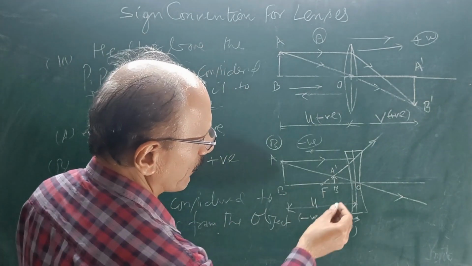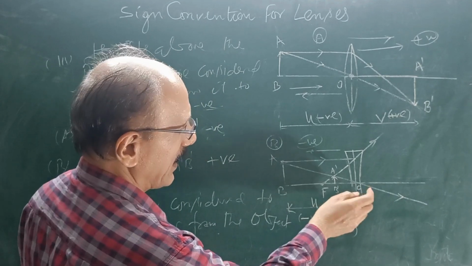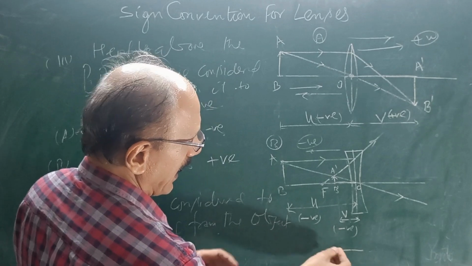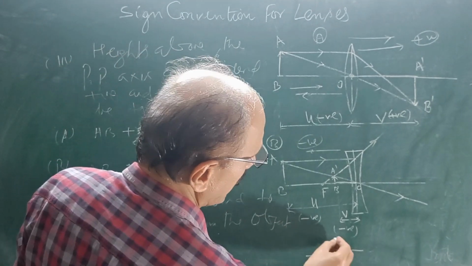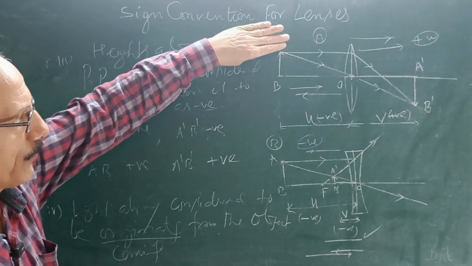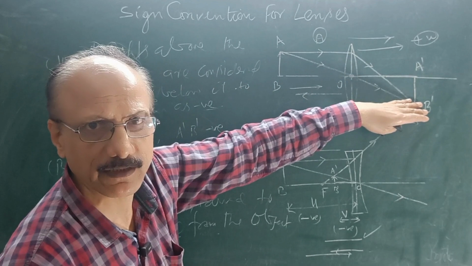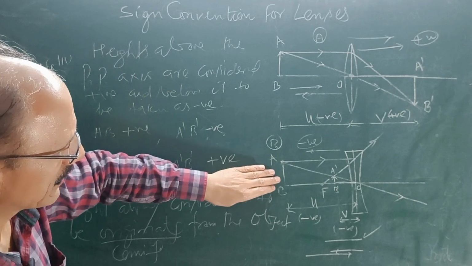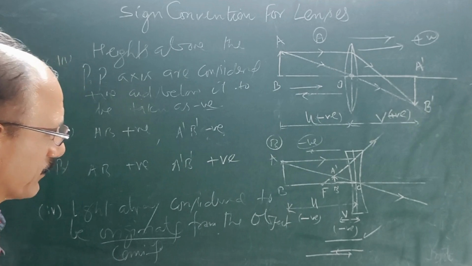And to find the image distance, again you have to be at O, the optical center, and then move towards the image. You are moving this way and the incident light is moving this way, so it is in the opposite direction. That's why it has to be negative. And the height, I have told you, AB is positive, A dash B dash here is below the principal axis, so it is negative. In this case, it is above, so positive.